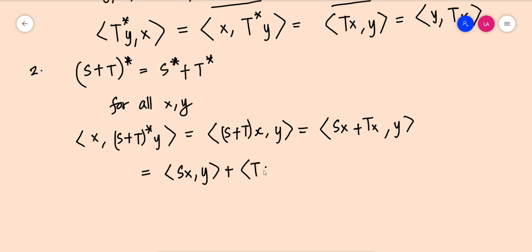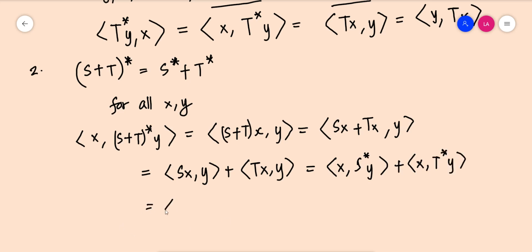plus inner product Tx, y. Since S and T have Hilbert adjoint operators S star and T star, this can be written as inner product x, S star y plus inner product x, T star y by the definition of the Hilbert adjoint operator. Now this can be written as x, S star y plus T star y.